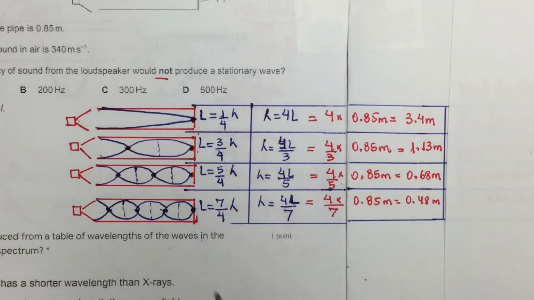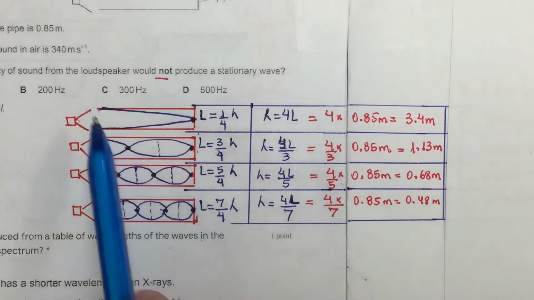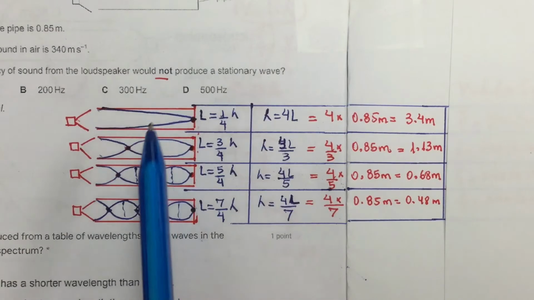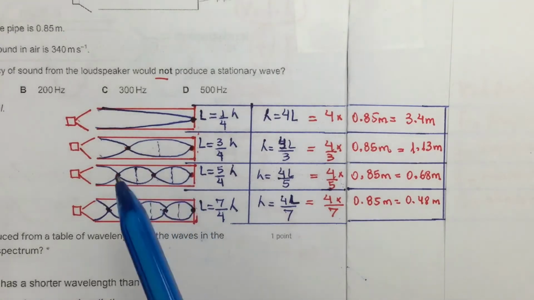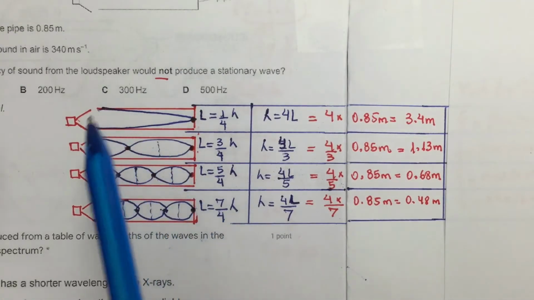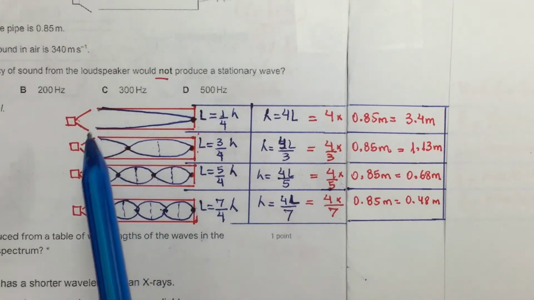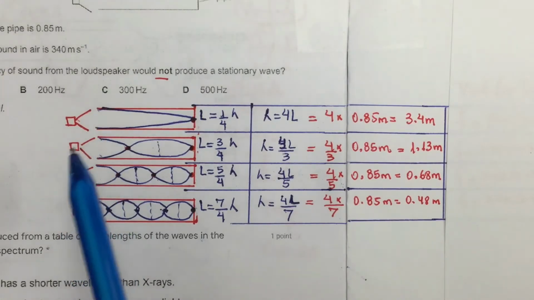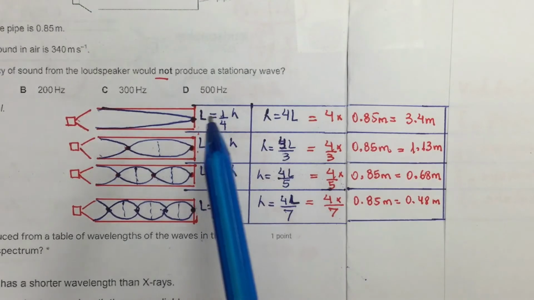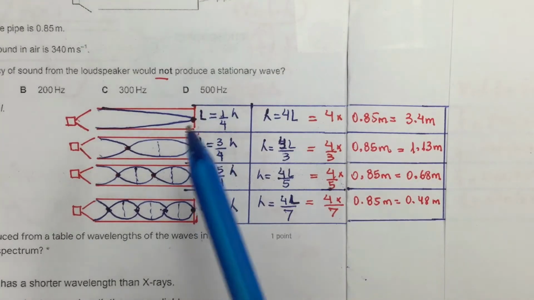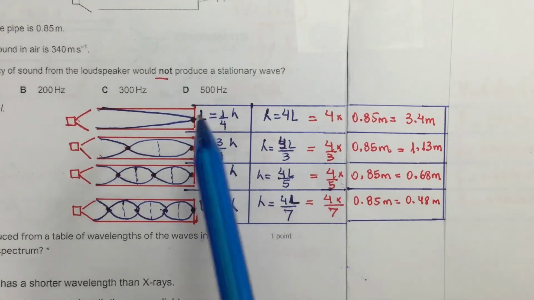Okay, so the problem provided the length of the pipe, and here are possible stationary waves formed in the pipe. Based on that, the opening section, we have an antinode, and the other end of the pipe, because it's closed, we are going to have a node.